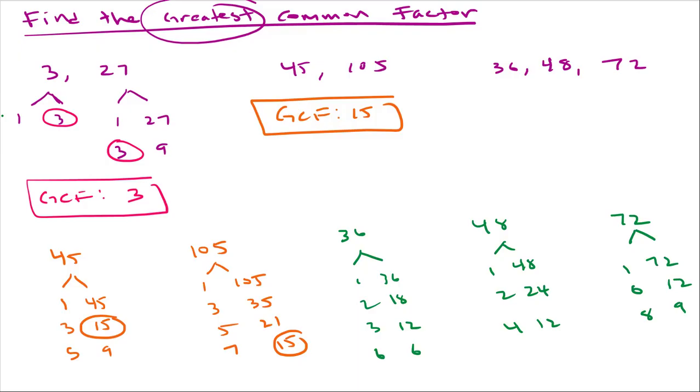And then we want the greatest common factor between them. That would be 12. 12 is the greatest common factor between those three numbers. So our GCF here is going to be 12, which many of you guys got.